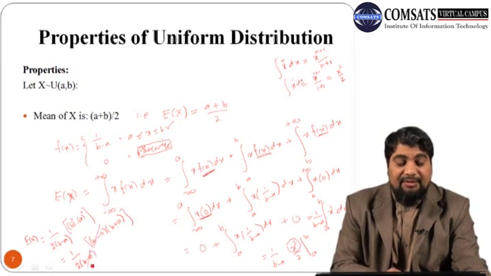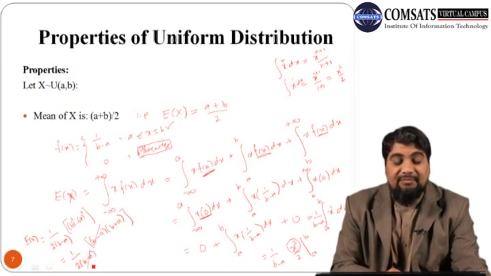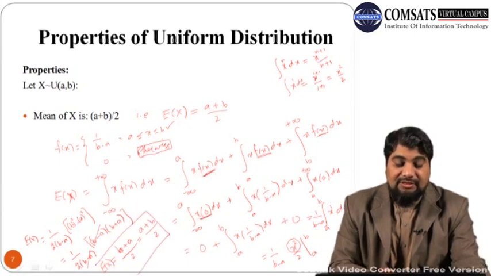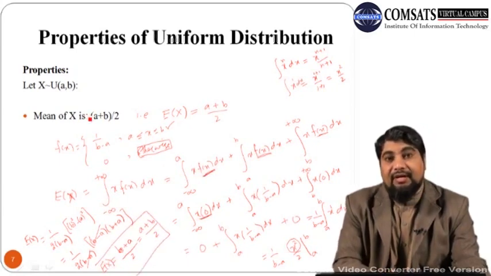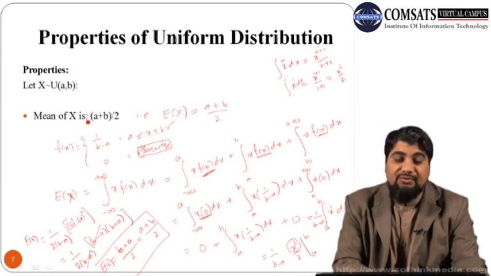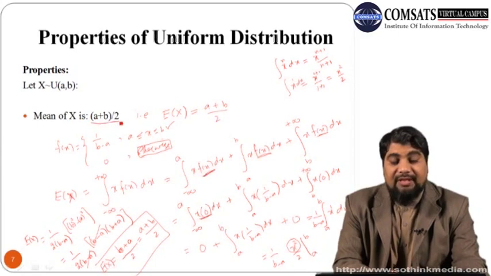From here you can see that b minus a cancels with b minus a, so we are left with b plus a over 2, which is the expected value of x, or we can write the expression in arranged form: a plus b over 2. So this is the expected value or mean of the random variable x, which follows the uniform distribution. So the mean of random variable x is a plus b over 2.